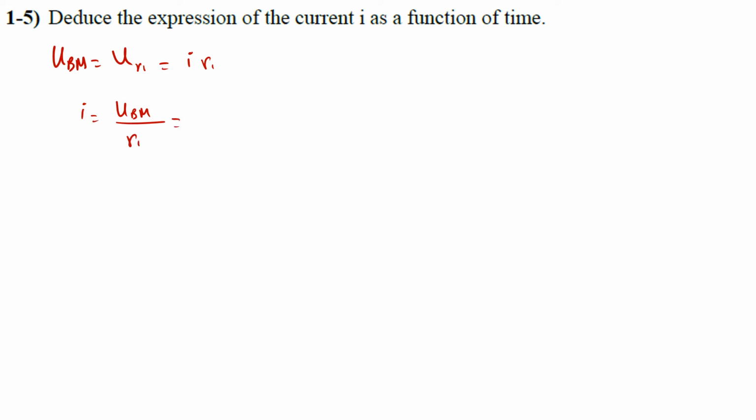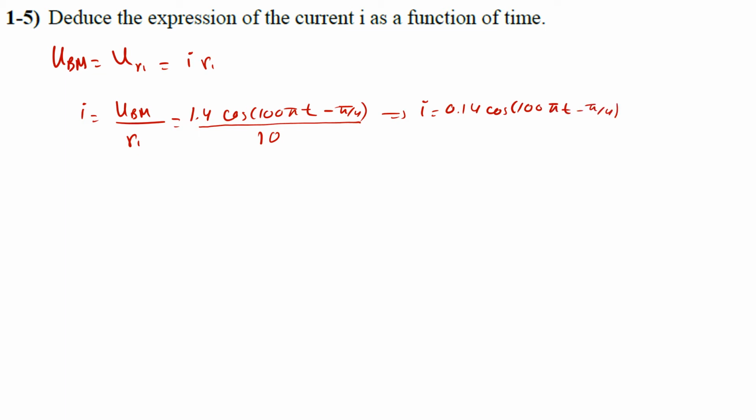We found UBM in the previous part as 1.4 cosine 100 pi t minus pi over 4, over R1, which is 10 ohms. So we get I in the form of 0.14 cosine of 100 pi t minus pi over 4. This is the formula for the current I.